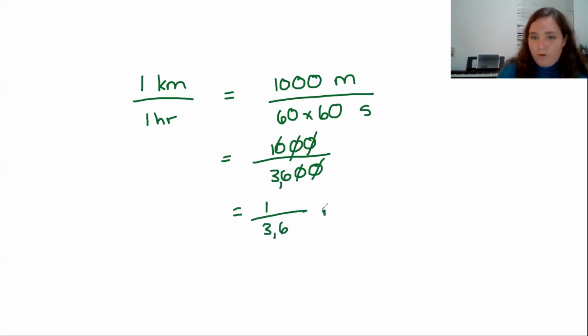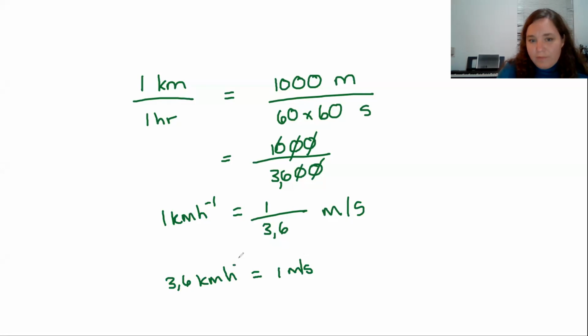So therefore, I can see that 1 kilometer per hour is 1 divided by 3.6 meters per second, or I can get that 1 meter per second is 3.6 kilometers per hour. So you can rather easily convert between the two. All right, okay. So I presume everybody is good with this.